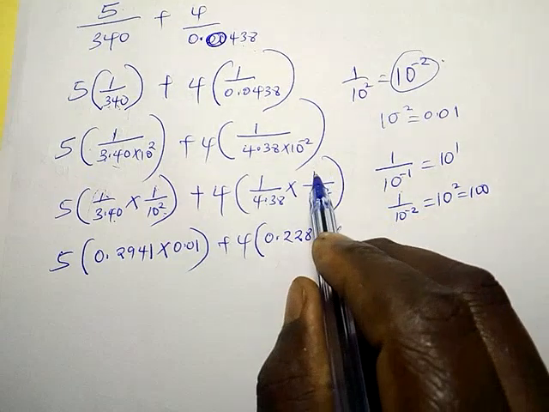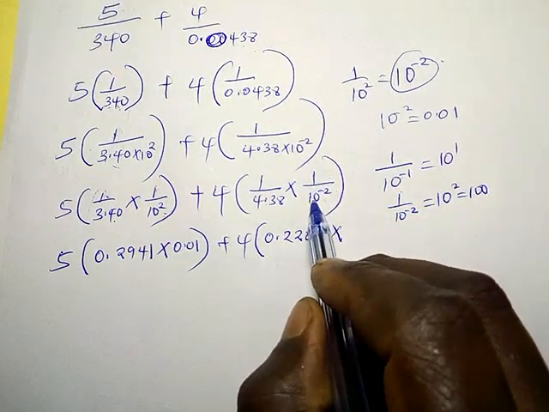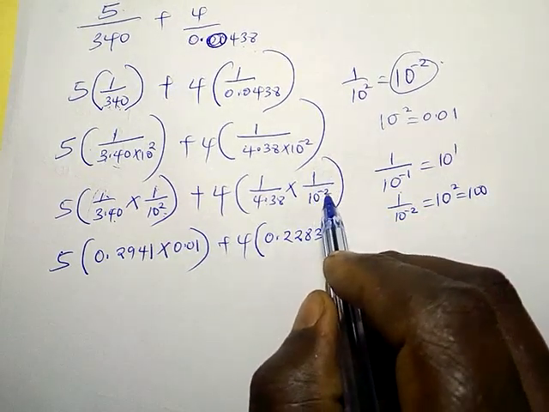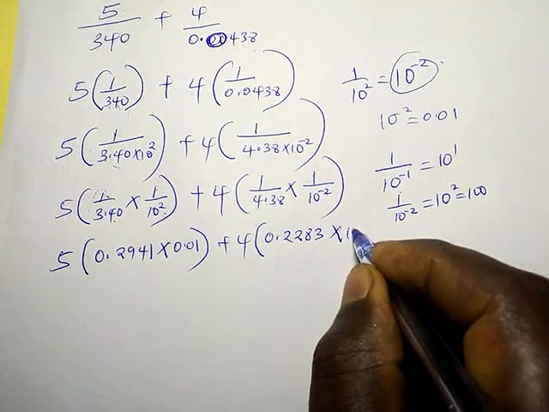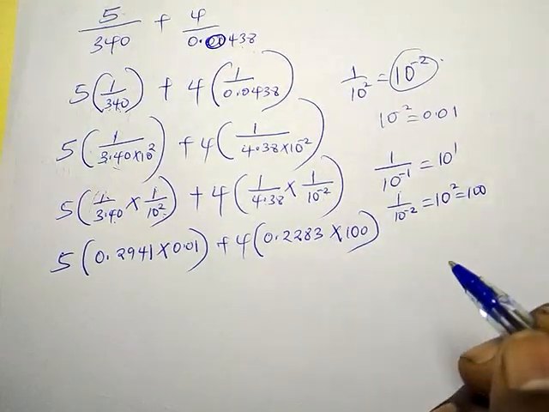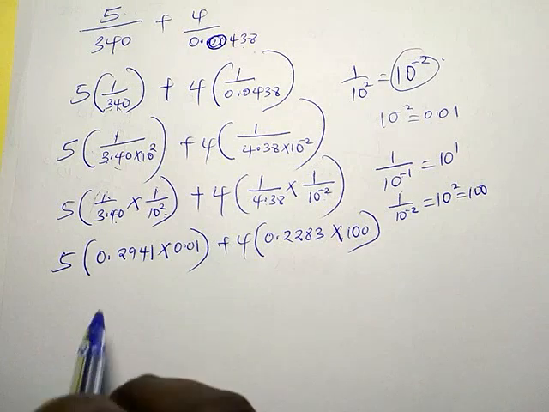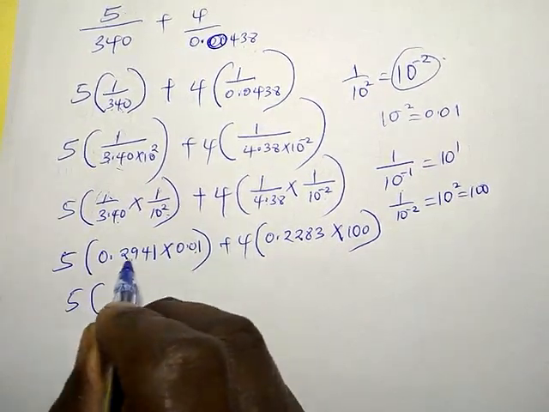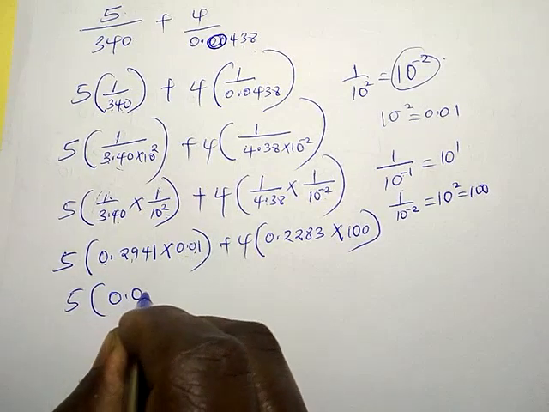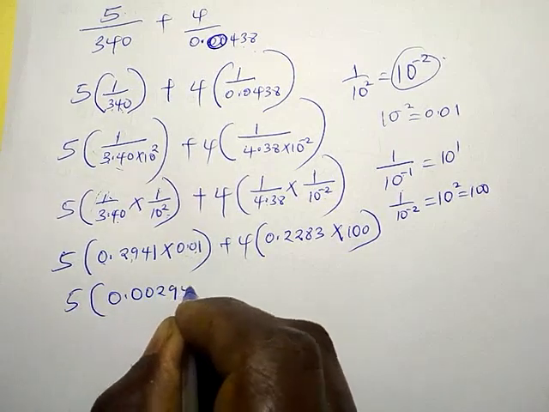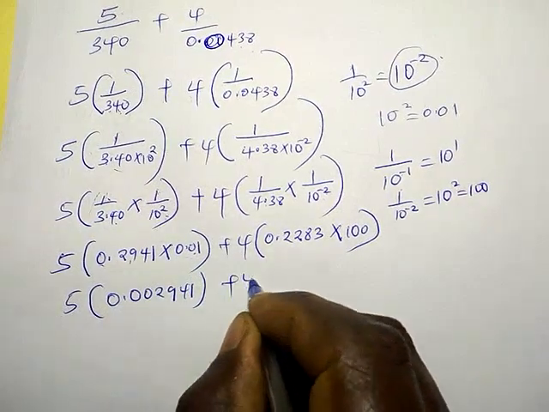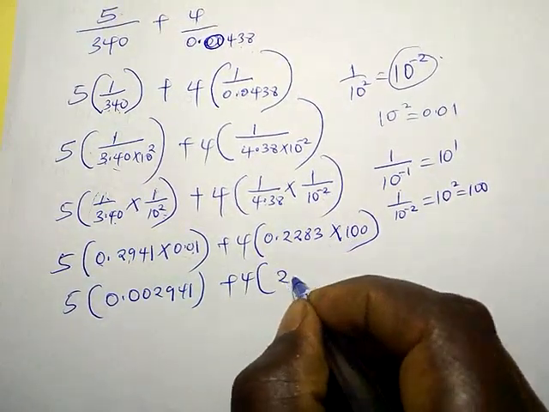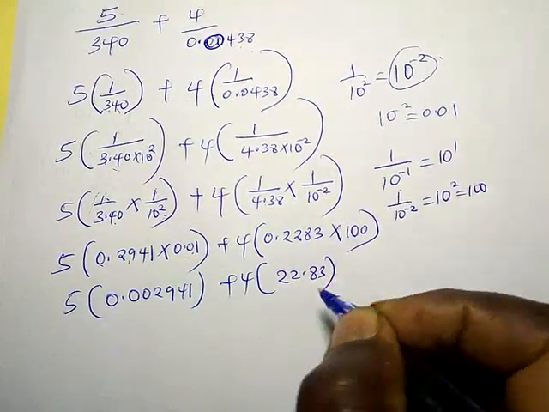So the reciprocal of 10 negative 2 is 100. So after that, now we multiply this times this, it gives us 5 into, you multiply here, we get 0.002941. Plus 4 into, you multiply here, you get 22.83.